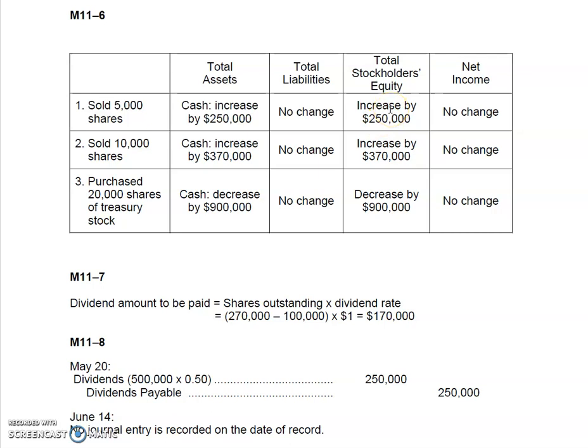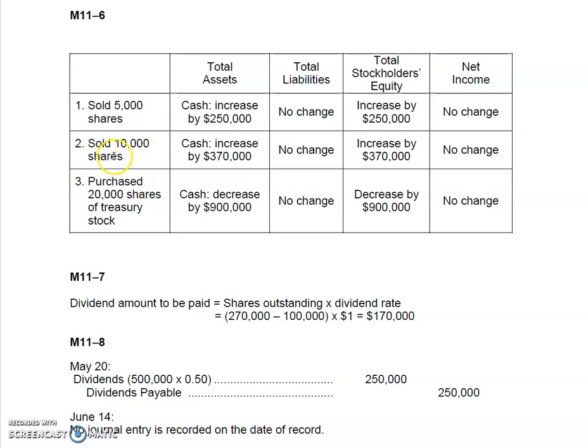Notice what I told you on the last video, that total liabilities and net income are not affected by any of these transactions. And remember what we said at the beginning of the discussion on stockholders' equity, and that is that stockholders' equity transactions do not affect income statement accounts. They only affect the balance sheet.